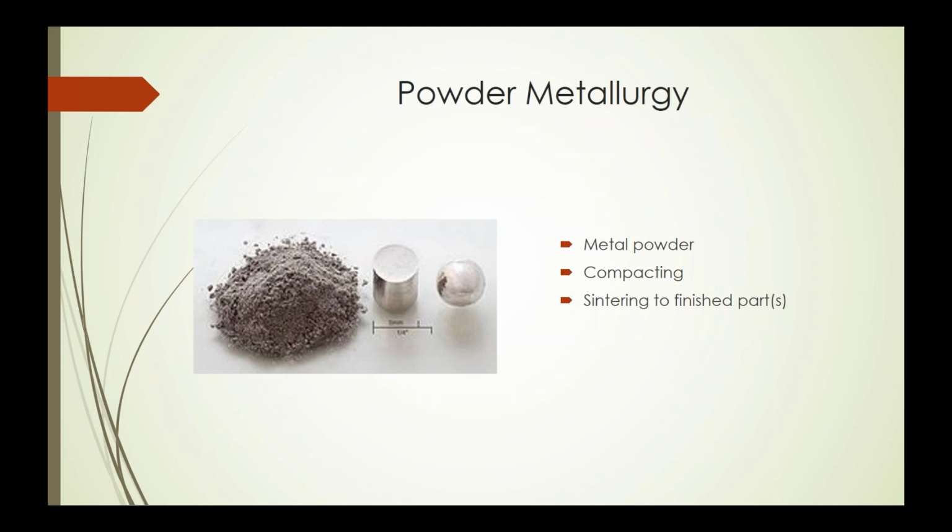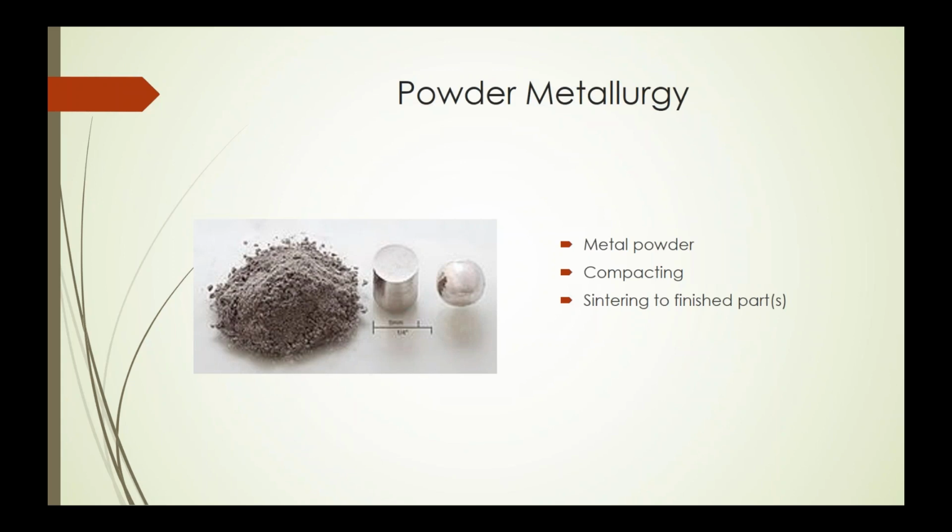To make a good, strong compact, which is in the middle, you need to have determined what the powder distribution, and these are sifted. Powders are sifted or sieved to give you the right particle size distribution.